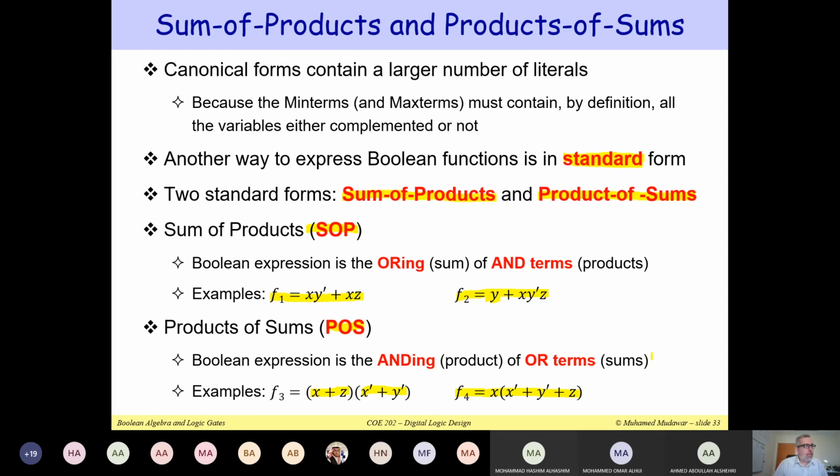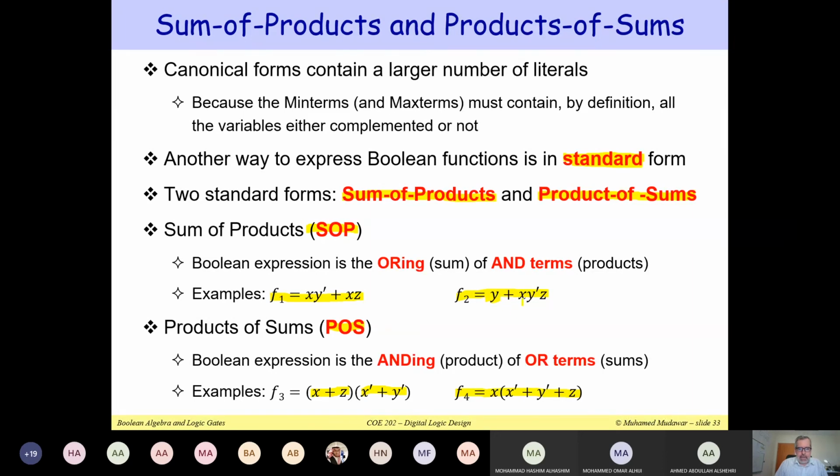Is this clear? Students, you understand this? Remember that the sum of products is not a sum of minterms, because not every term contains all the variables. That is, xy prime does not contain z. Xz does not contain y. Here, y is a term, but it does not really contain x or z.